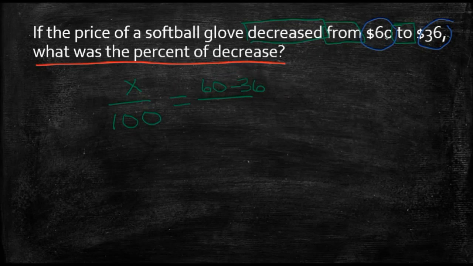The interesting thing that's different about the percent decrease than percent increase is that now you have a larger number that goes on the bottom, because that was the original amount. So go ahead, pause the video, solve this, come back.